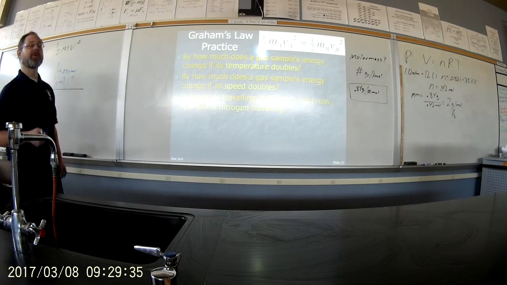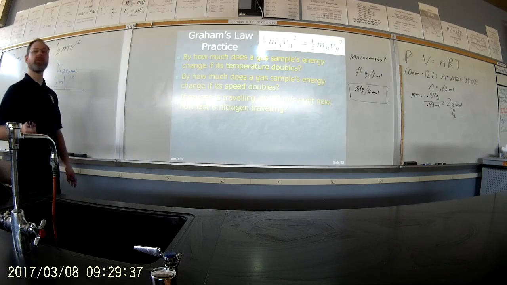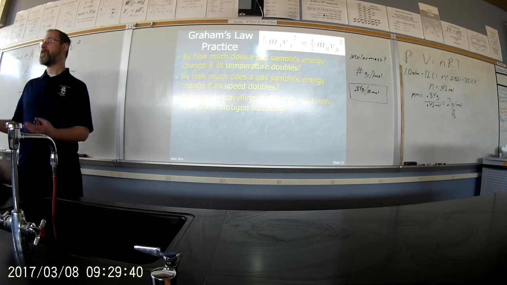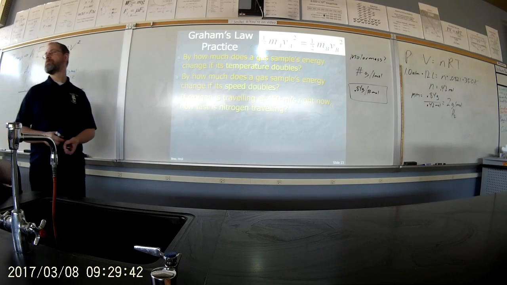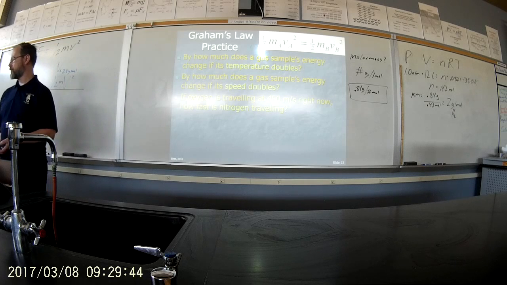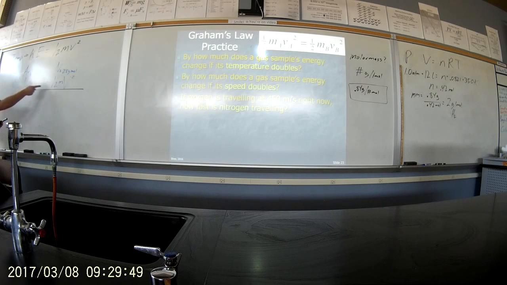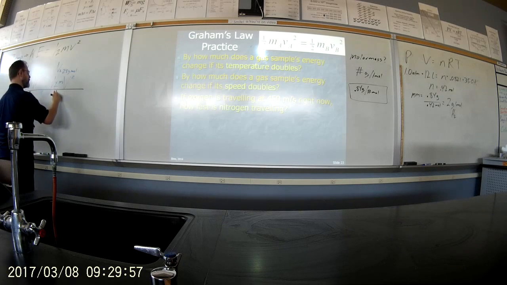Okay, here we go. If oxygen is traveling at 450 meters per second right now, then how fast is nitrogen traveling, assuming the same temperature? So we use our formula, 1/2 mv squared. I'm going to put oxygen, O2, on this side, and nitrogen, N2, on this side.